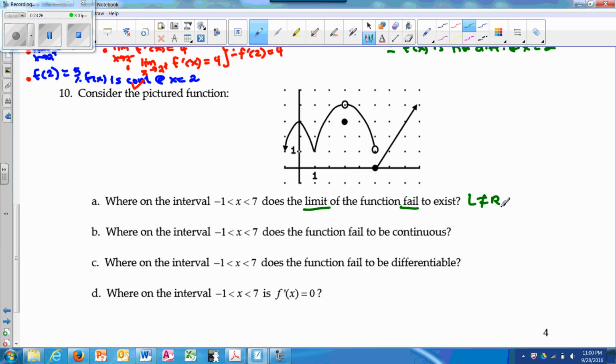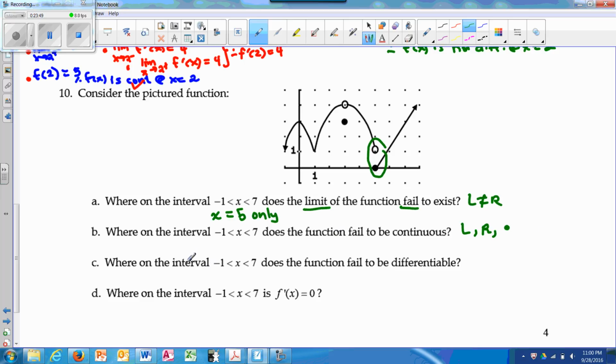The function value uses the lower part, which we already know is 2 root 2. So the two-sided limit of the function value does not exist because the left and the right don't match.